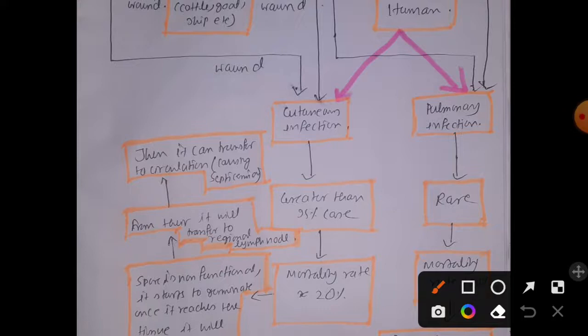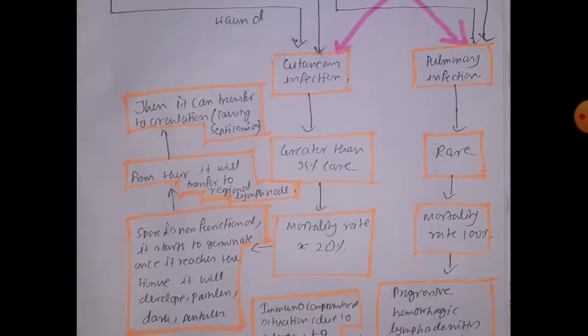These spores will germinate when they reach the tissue, and from that tissue they migrate to the regional lymph node. Once germination starts, it causes painless dark pustules, and from the regional lymph node it will transfer to the circulation.